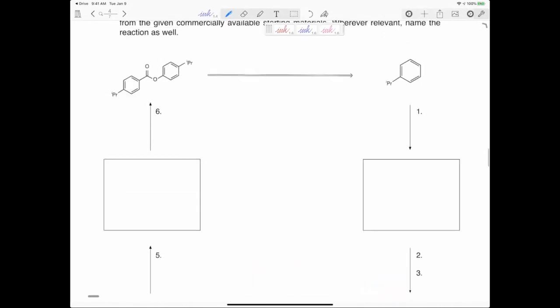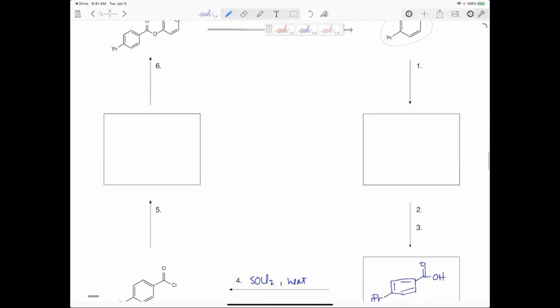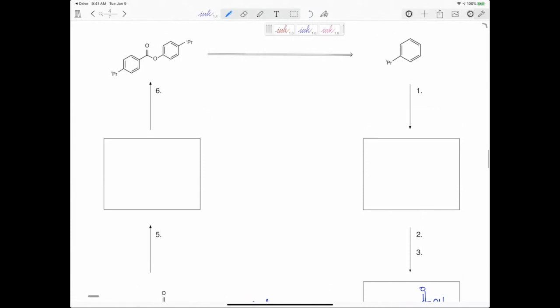So how can I make this into a carboxylic acid? Is this an electron donating group or an electron withdrawing group? What kind of directing effects does it have on the benzene ring? Ortho, para, or meta directing?